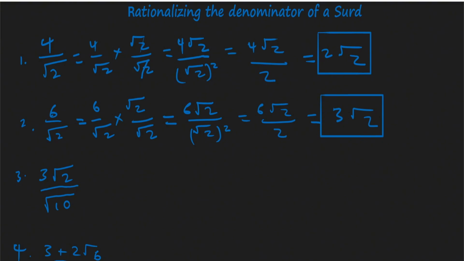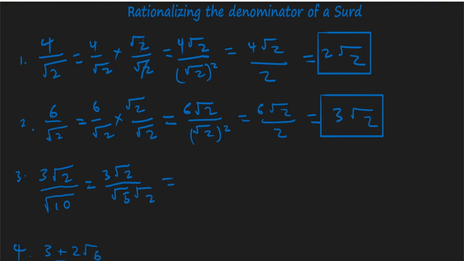Let's move on to question number 3, which is quite different. Please note that for this question, the denominator can further be simplified or broken down into 2. So this is the same as 3 root 2 divided by root 5 times root 2.